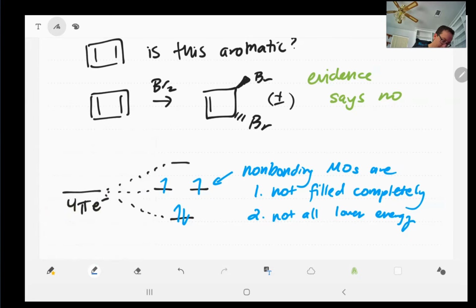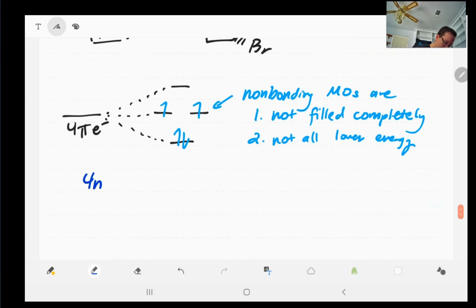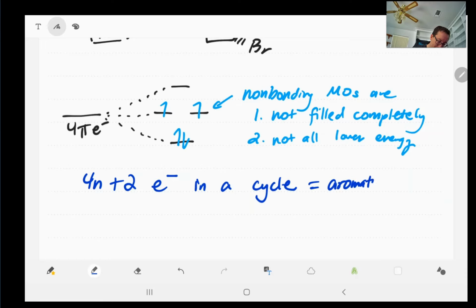Here's the big picture, though. If you have 4n plus 2 electrons in a cycle, you're going to be aromatic. If you have 4n electrons in a cycle, you are going to be anti-aromatic.